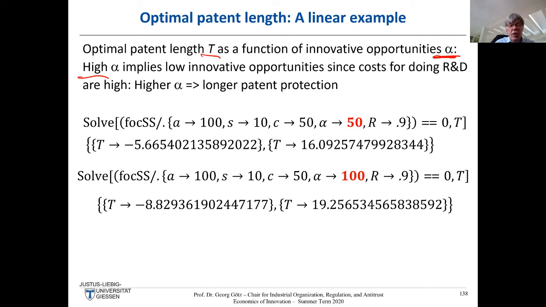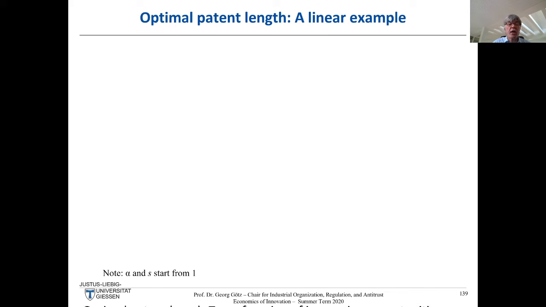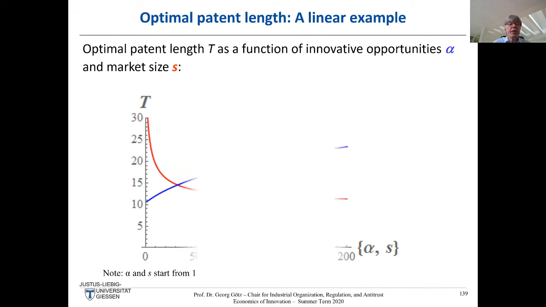If we increase the cost of doing R&D to 100, you get more than 19 years of optimal patent protection compared to 16 years. So for industries where it's very expensive to do R&D, you should have a longer patent protection.